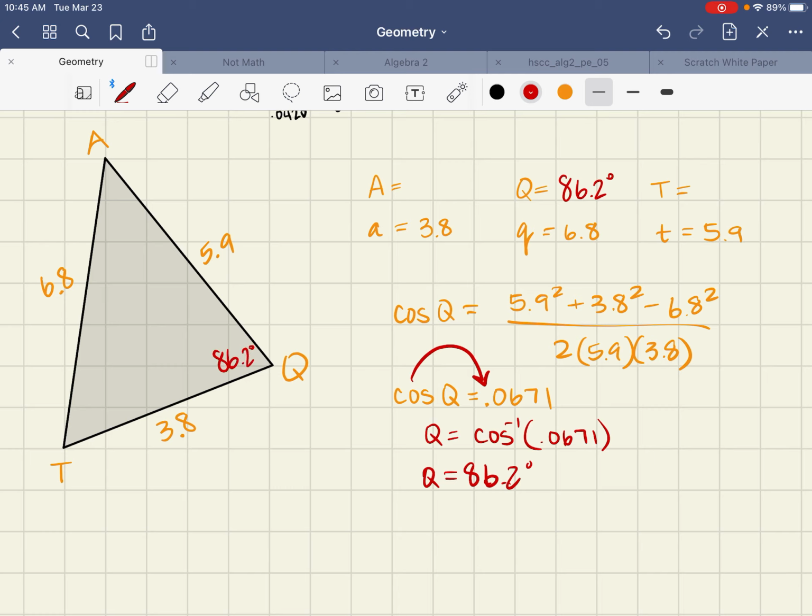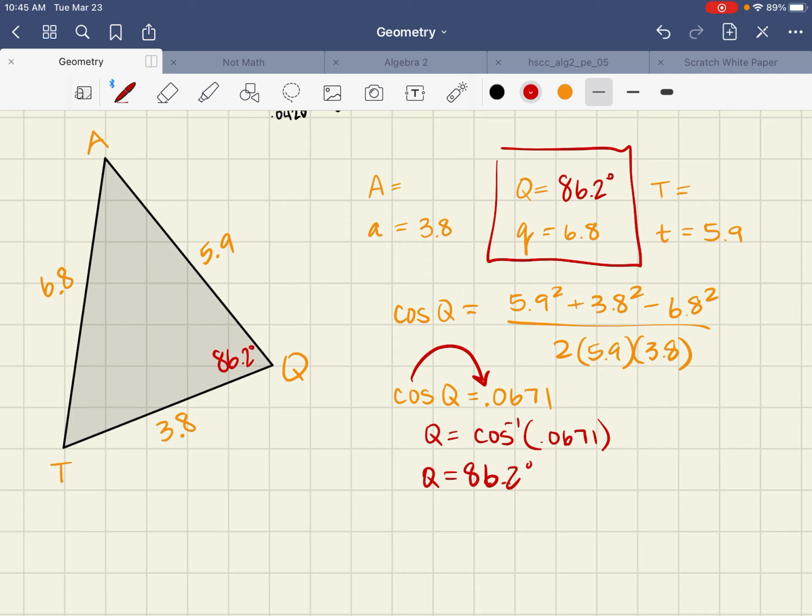All right, this is good news to us. We have just unlocked an angle, which allows us to now use law of sines. The whole purpose of law of cosines is to unlock an opposite pair, like double Q's or double A's or double T's. We unlocked double Q's, so now we can solve for either A or T. It really doesn't matter.